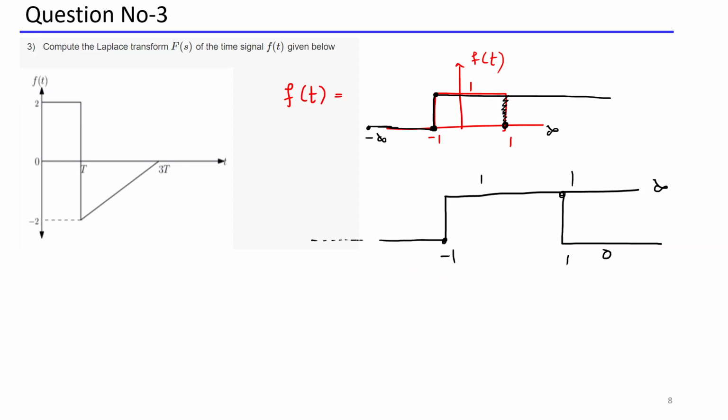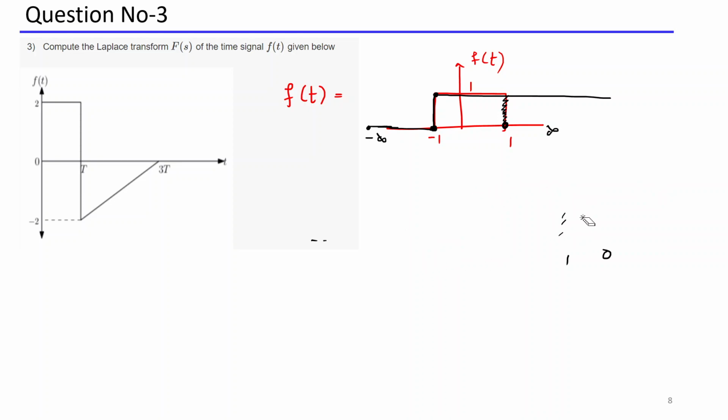You are coming in this fashion, but one person is pushing your head such that you rise to an amplitude of 1. When your height is 1 you move up to infinity, but another person sitting at 1 pulls your leg so that you again go from 1 to 0. Then whatever the graph will be, the signal will be like this. You understand this concept, sir? Yes, sir. So now you just apply this concept and write this equation.